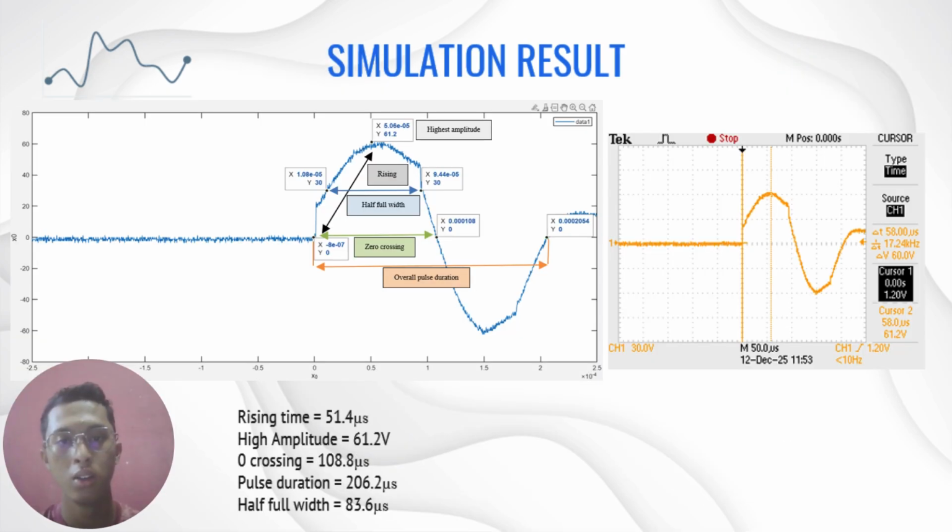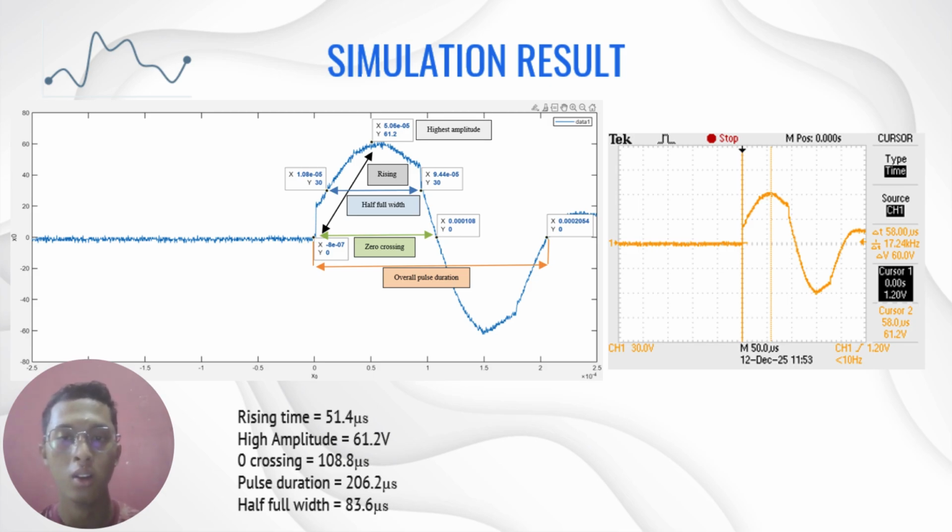So next, this is the result that we get from 4 cm. The left one is from MATLAB, and the right one is from the digital oscilloscope. I will explain one by one how to collect the data. The first one is rising time, where we take the first pulse, the beginning of the pulse, which is 0 volt, until the highest amplitude, and then we have a zero crossing.